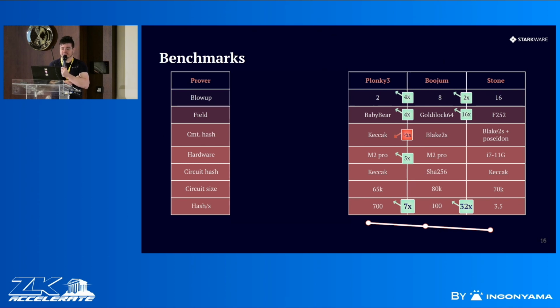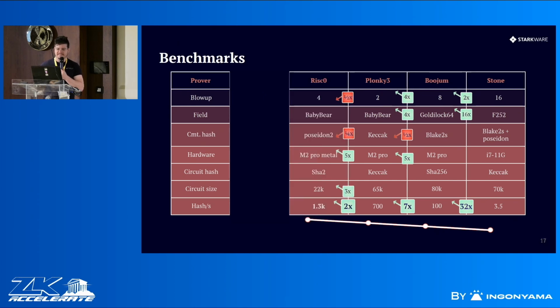The current one, Plonky3, does about 700 Keccaks per second. So this is an improvement of the entire community. For RISC Zero, I tried to collect all the numbers. On Metal, it does about 1,300 hashes per second, which is already a huge multiplier over all of the rest.